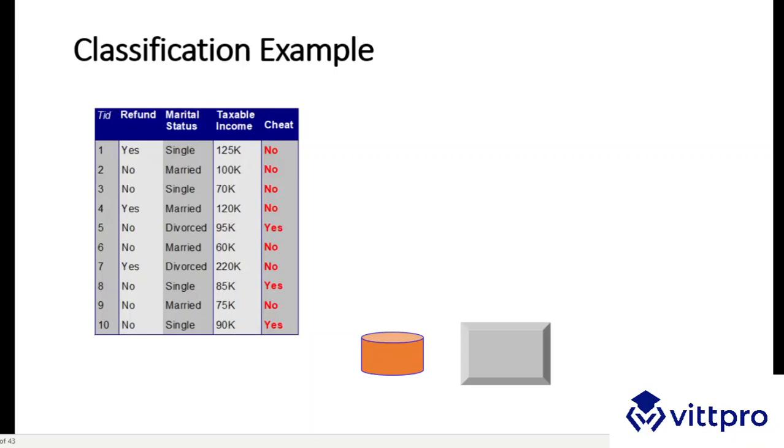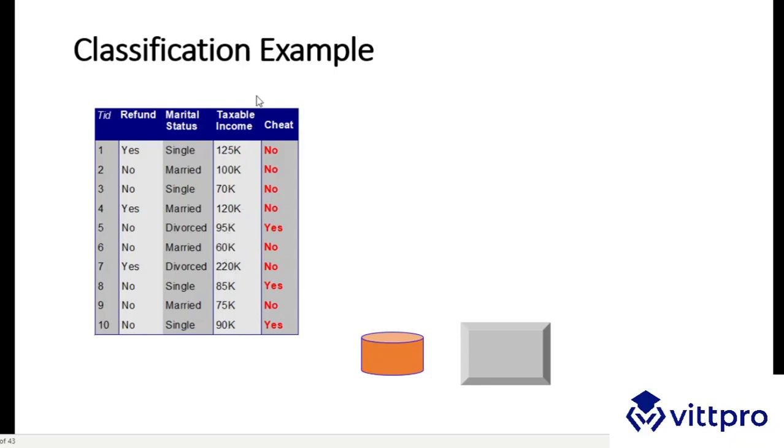For example, in this set of attributes, there is a classification we want to identify: whether this particular transaction would be a cheat or not a cheat. Based on taxable income, marital status, and whether they have claimed a refund, it was a cheat or not a cheat. Looking at taxable income, you will see most of the cheaters are between 85,000 and 95,000.